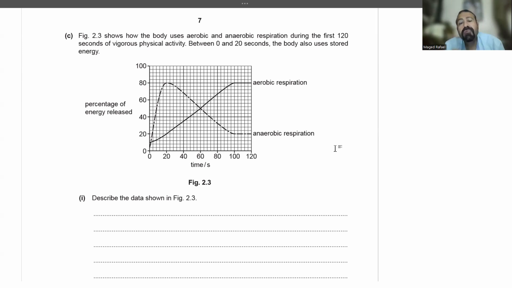Then he wrote for the aerobic respiration, it keeps increasing till it reaches a state of plateau or levels off at 100. However, anaerobic increases till it reaches an optimum at 20. So he compared aerobic and anaerobic, and anaerobic energy increases more rapidly. However, it decreases after 20. Well, this is another point.